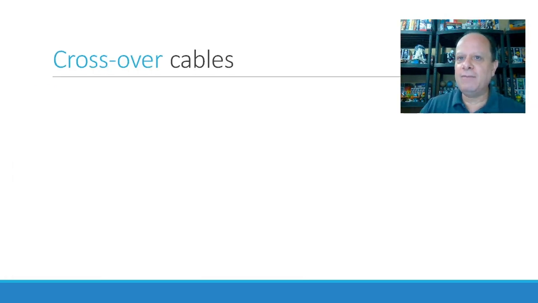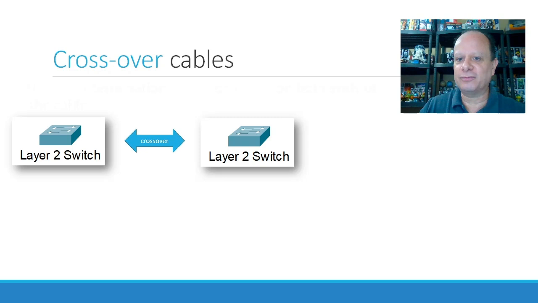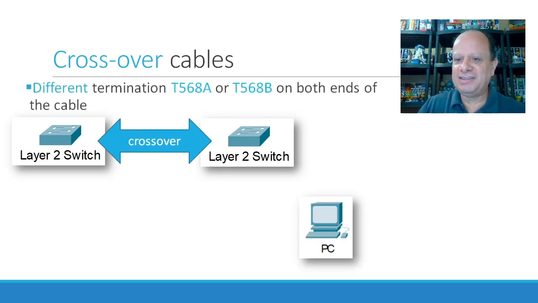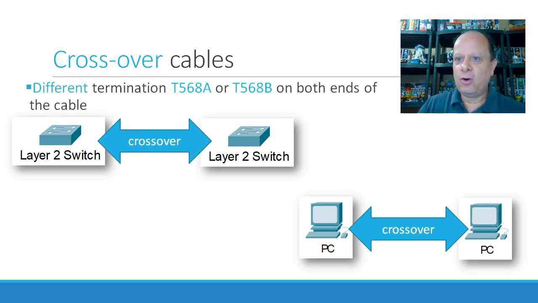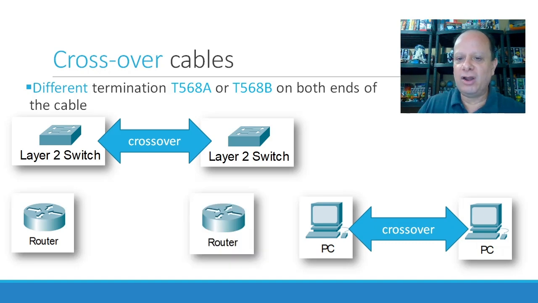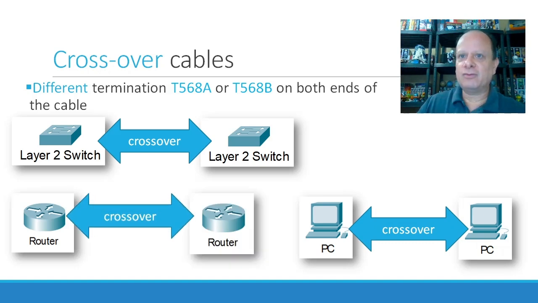The crossover cable is used to interconnect similar devices. For example, to connect a switch to another switch, to connect a PC to another PC, or to connect a router to another router. The crossover cable pinout crosses the pair at the transmit pins on each device to the receive pins on the opposite device.